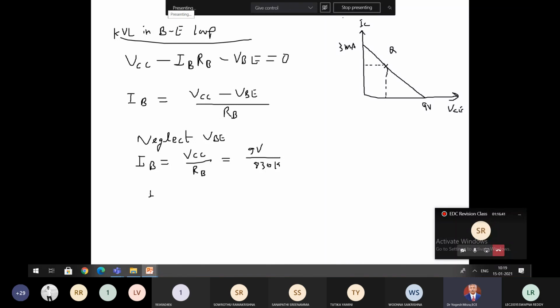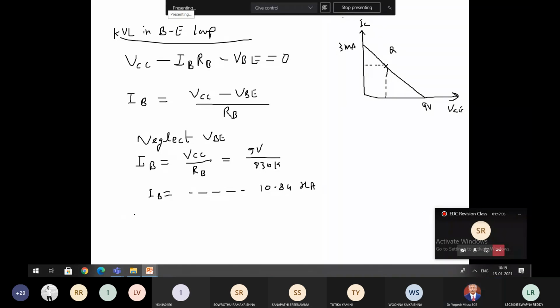With this, you find out the value of IB. I have already solved this, you can solve it at home. It will be 10.84 microampere. Okay.